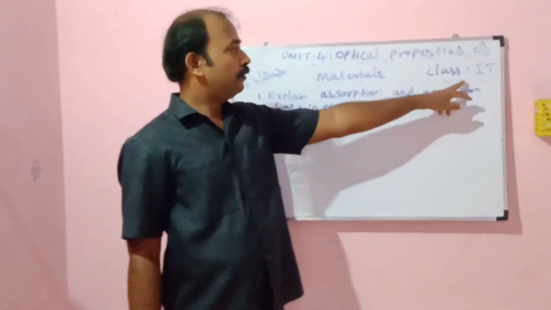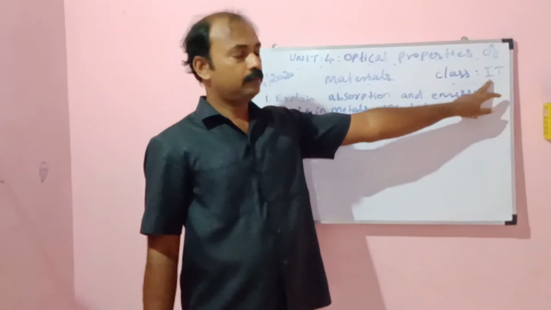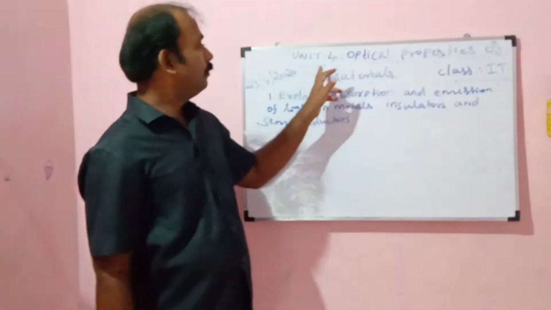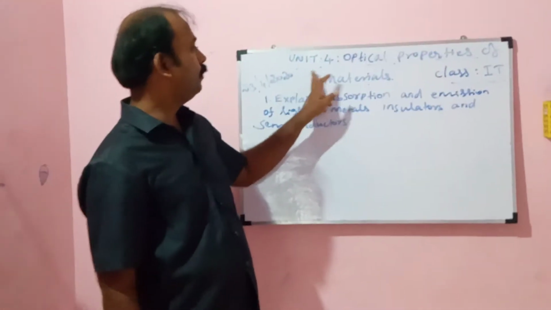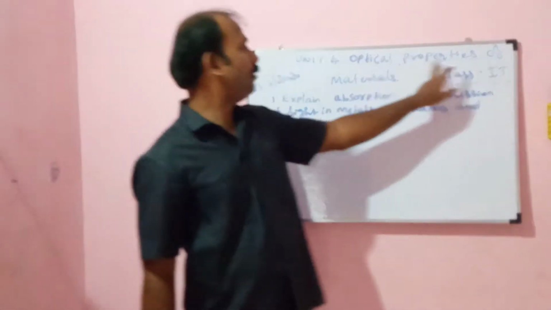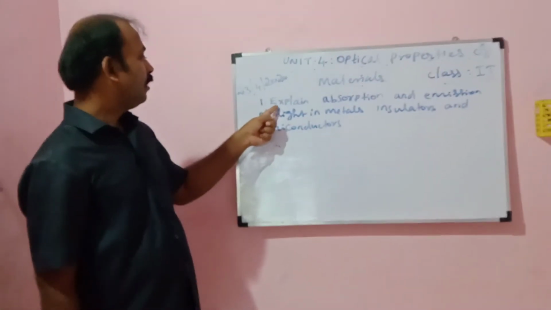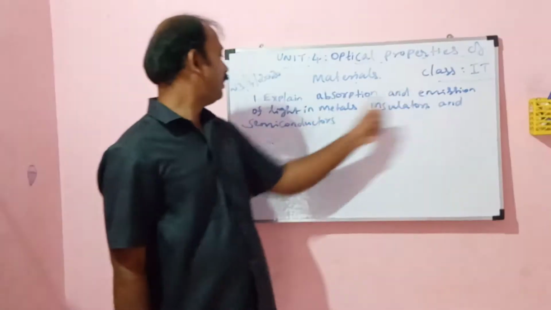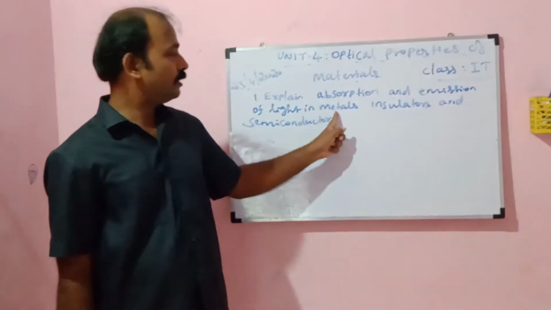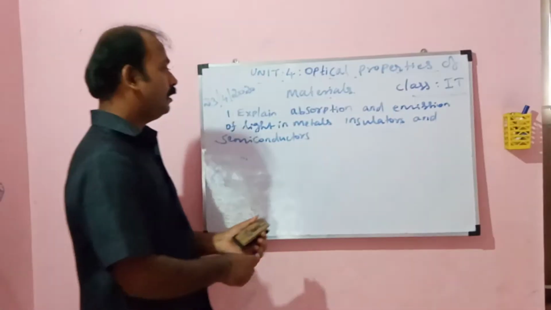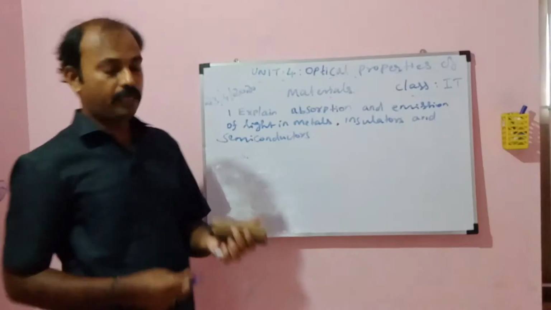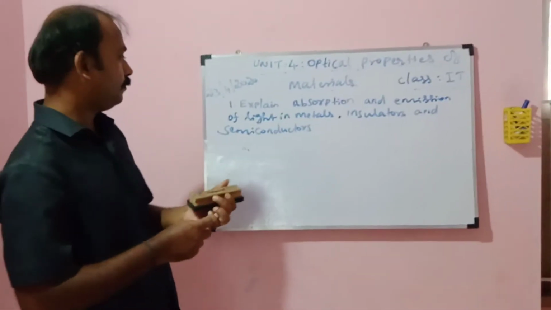So now, first year IT students, we are going to see the fourth unit, that is optical properties of materials. First question: explain absorption and emission of light in metals, insulator and semiconductor.